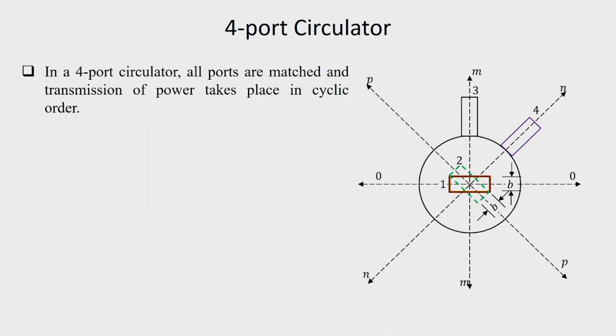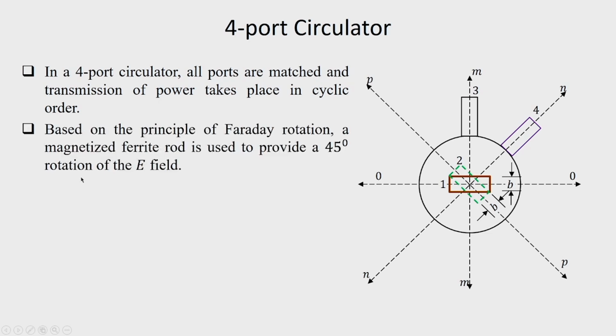In this 4-port circulator all ports are kept matched and transmission of power takes place in cyclic order. That means 1 to 2, 2 to 3, 3 to 4, like that. Based on the principle of Faraday rotation, a magnetized ferrite rod is used to provide a 45° rotation of the electric field.